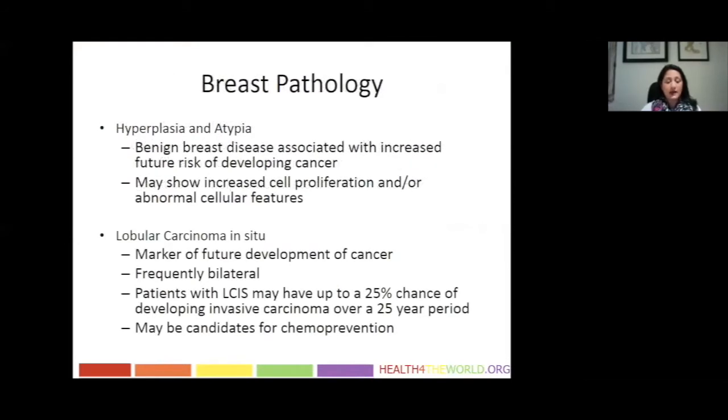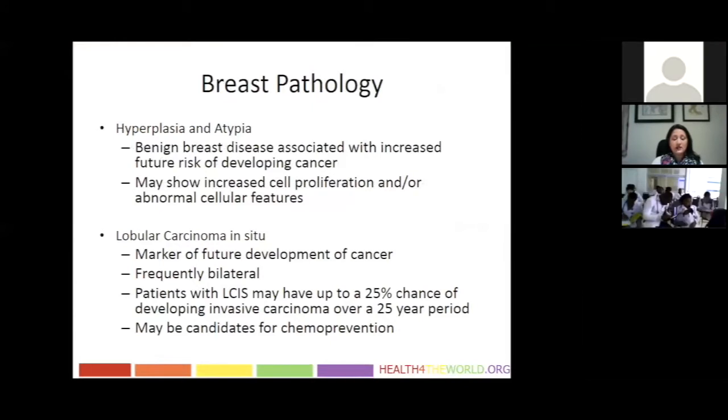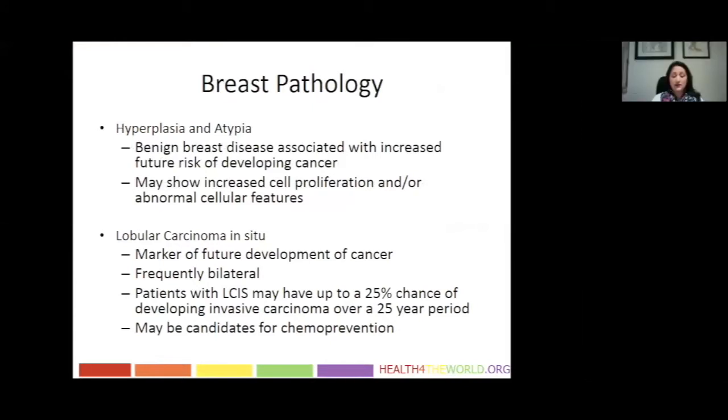There are some benign lesions which can be found on pathology, but that confer risk of breast cancer, and these include hyperplasia, atypia, and lobular carcinoma in situ. In each of these cases, additional discussion should be had with patients about their risk, and about increased screening or chemoprevention measures that can be undertaken to reduce their risk.